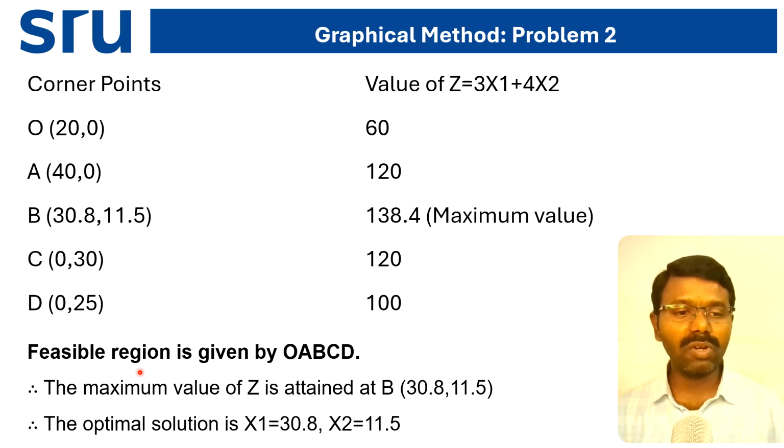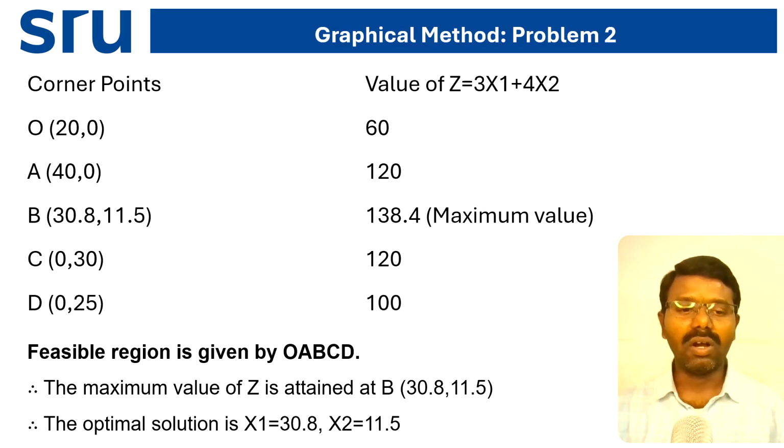So finally the maximum value of Z is obtained at point B. So x1 value will be 30.8 and x2 value will be 11.5. That is the final value of x1 and x2. This is how we solve the problem using the graphical method.